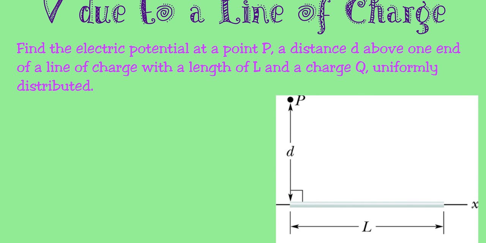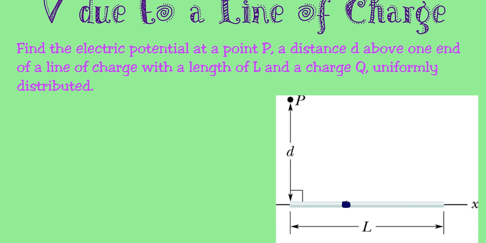So here I have a line of charge of length L, and I'm trying to find the electric potential at a point P that's above one end of that line of charge. The other thing that this problem tells us is that that charge is uniformly distributed. And that'll be important for us to think about as we're deriving our expression. So again, we start with a little piece of charge.